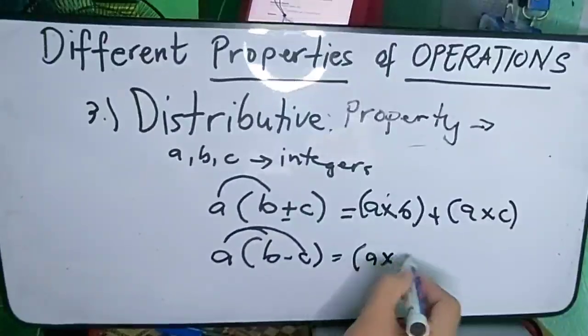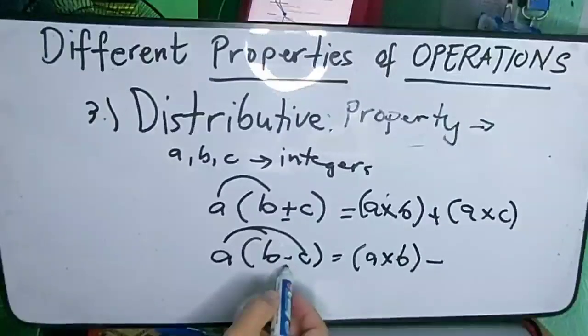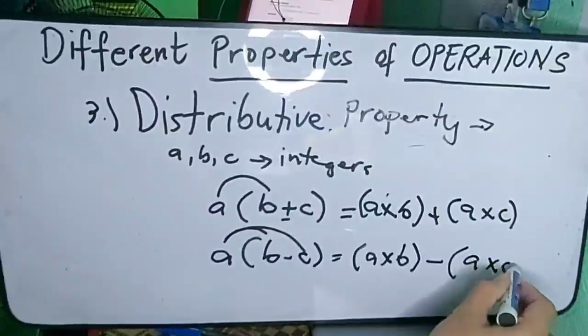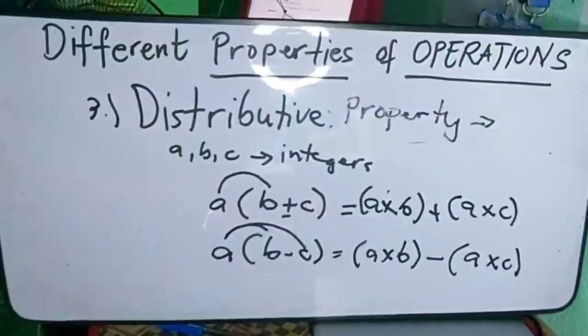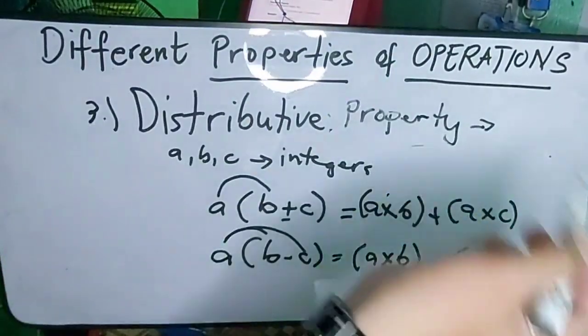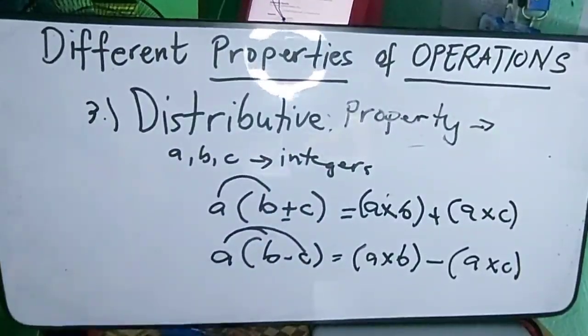So A times B minus A times C. That is distributive property over subtraction, or in short, distributive property.